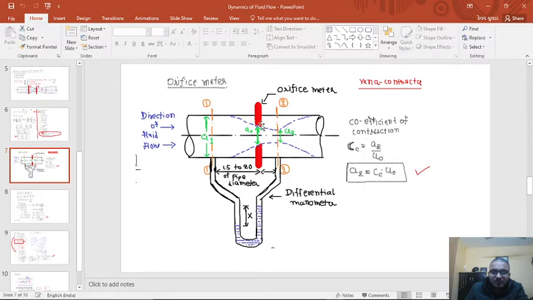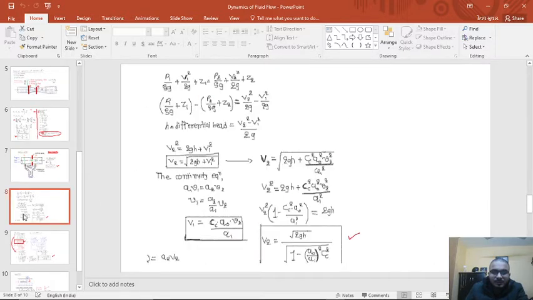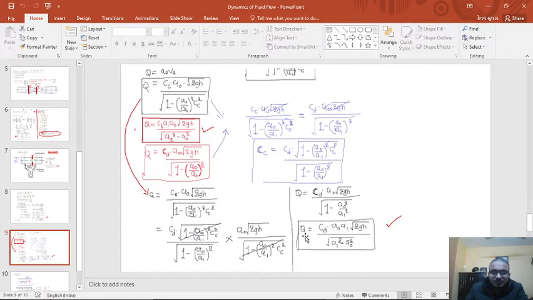Here we observe a minimum cross-sectional area known as the vena contracta. We have taken two sections: the first at a regular pipeline section and the second at the vena contracta, and we have attached a differential manometer. Here we derived the fluid flow rate Q.